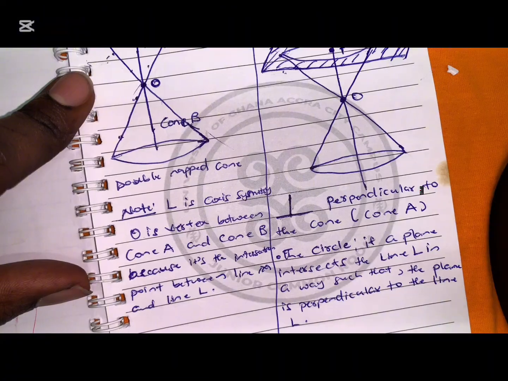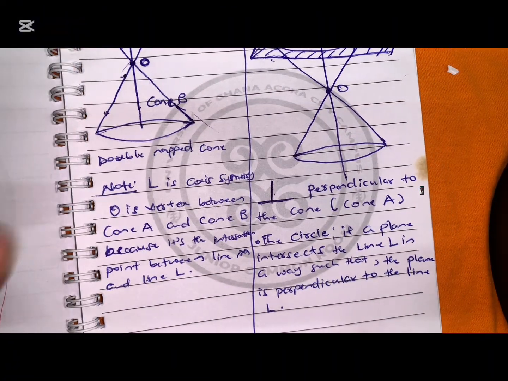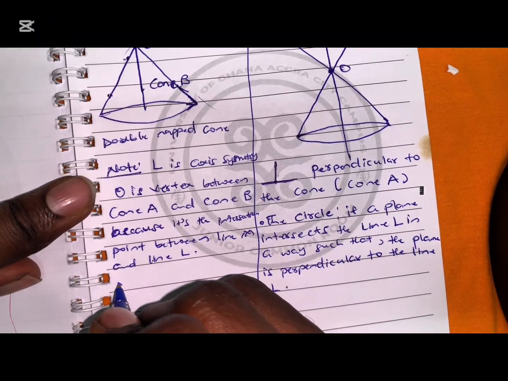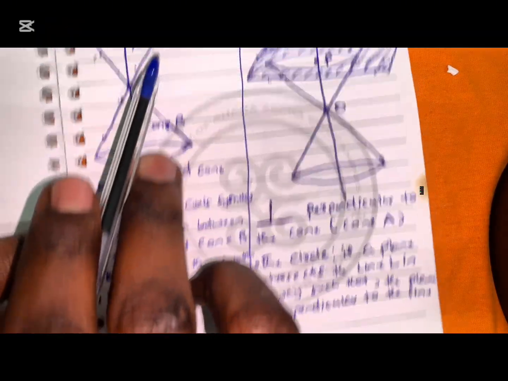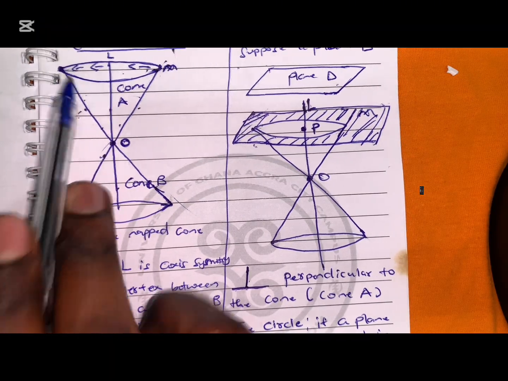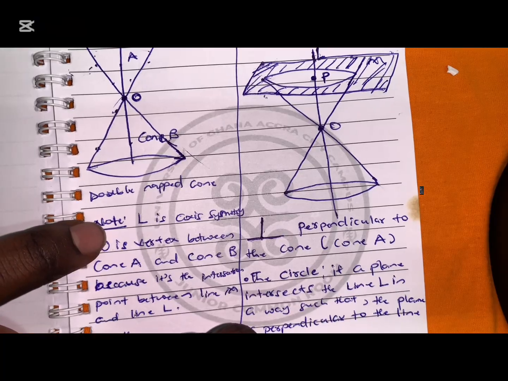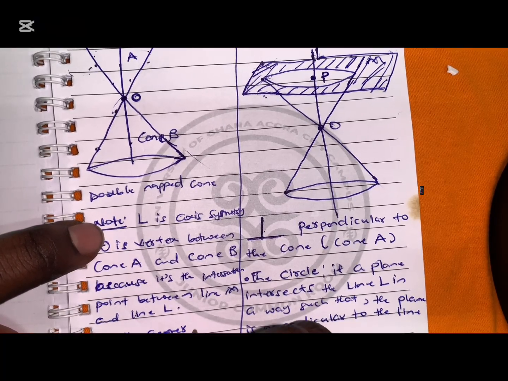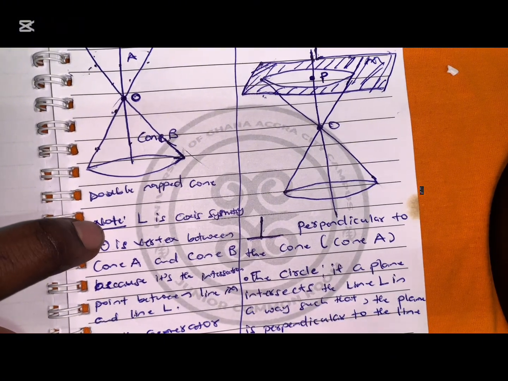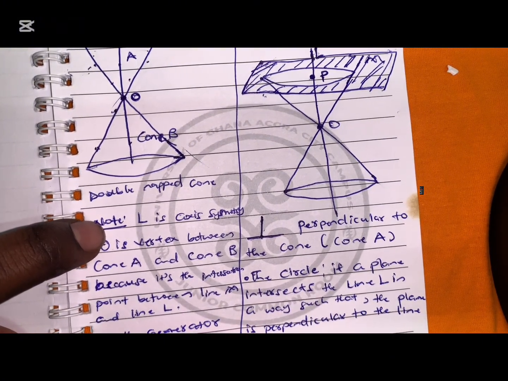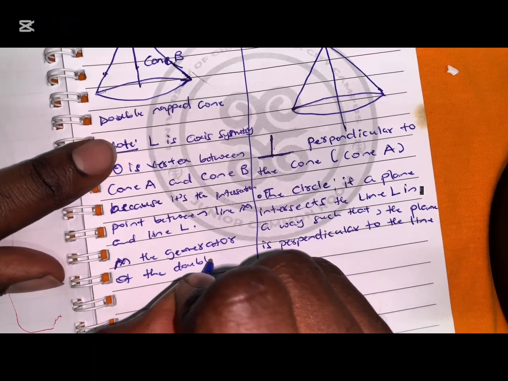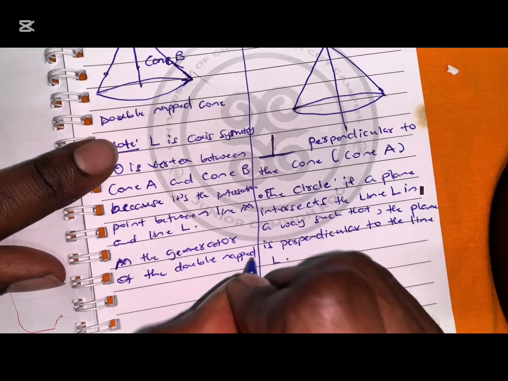All right. So now our M, which we know here, which moves from its original place to its new place, is what we term as the generator of the double napped cone.